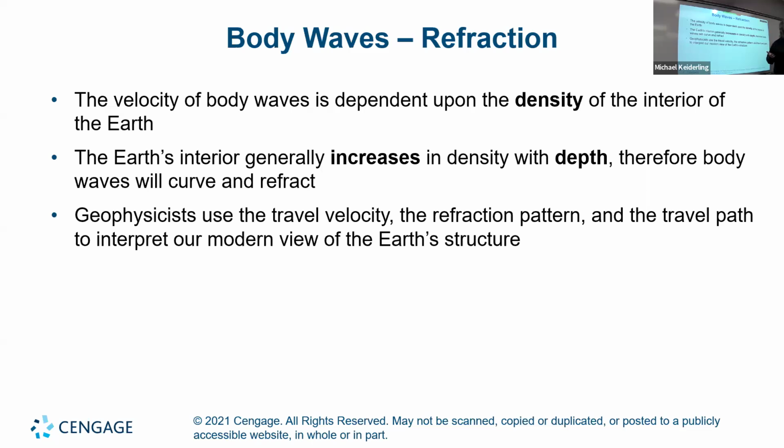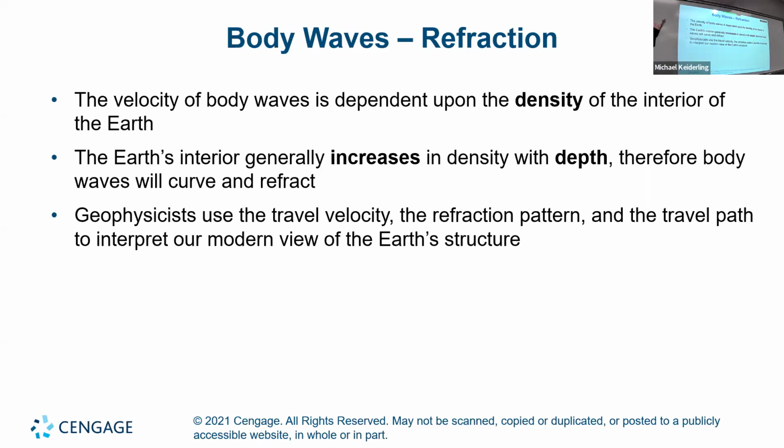You have probably seen this: if you've looked at a glass of water with a straw in it and the straw looks broken, that's light bending. In the same way, similar things can happen with sound, and with body waves from earthquakes. It primarily depends on the density of the material it's traveling through.